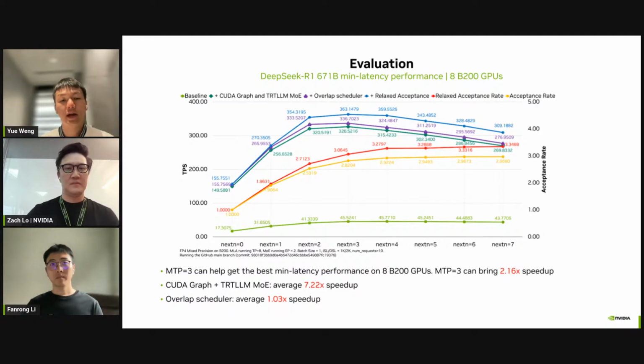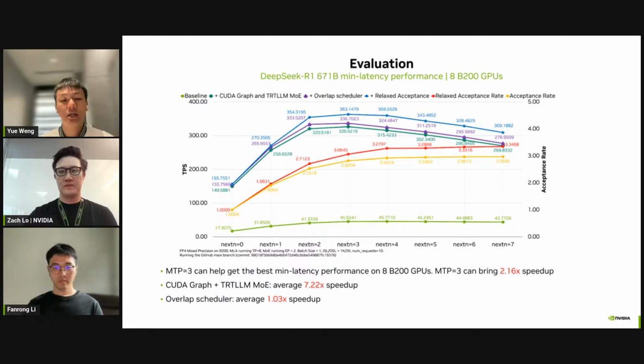The horizontal axis is the number of different MTP, the left vertical axis is the TPS, and the right axis is the acceptance rate. Different colored curves represent different configurations, such as CUDA graph and overlap scheduler, and also their relative acceptance rates.